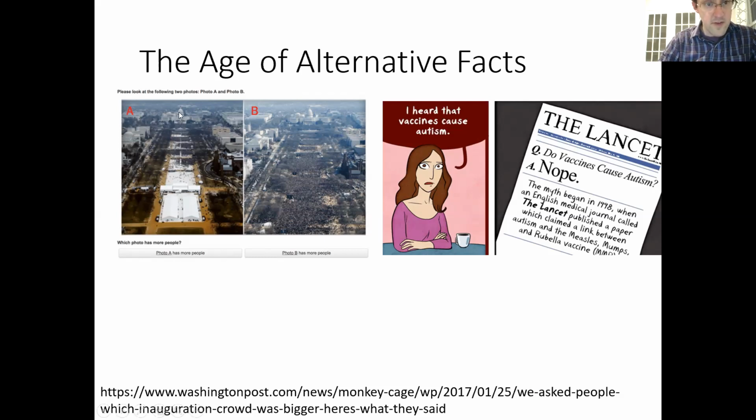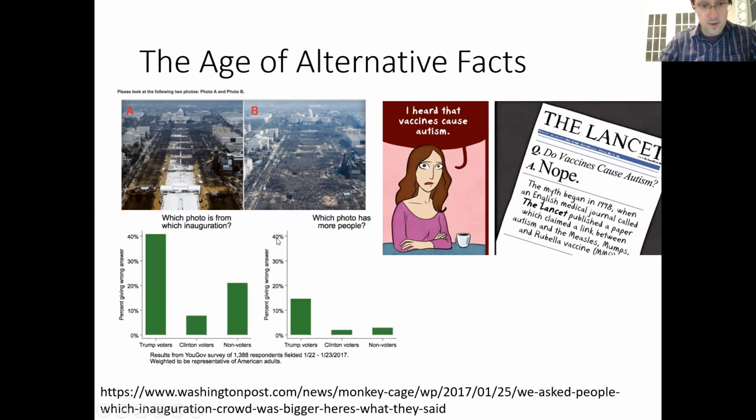What this is doing is saying, if you look closely, please look at the following two photos, A or B. Which photo has more people? The first, it doesn't say which photo is which inauguration. This is the percent giving the wrong answer.